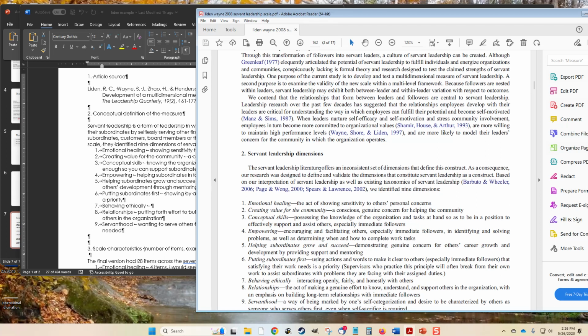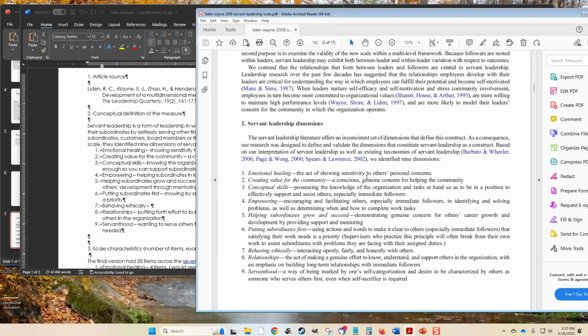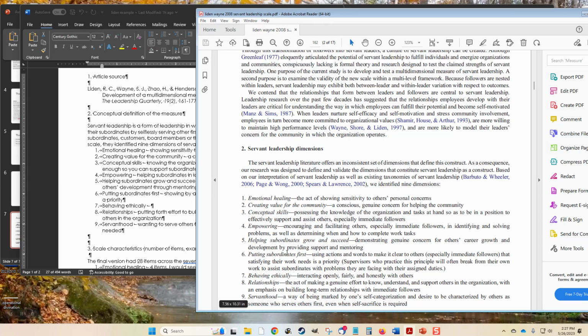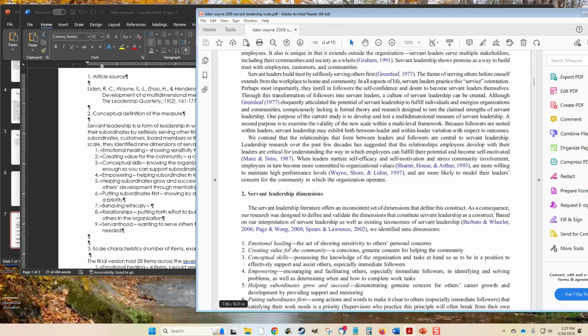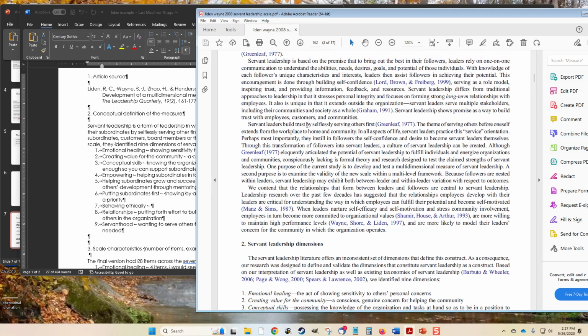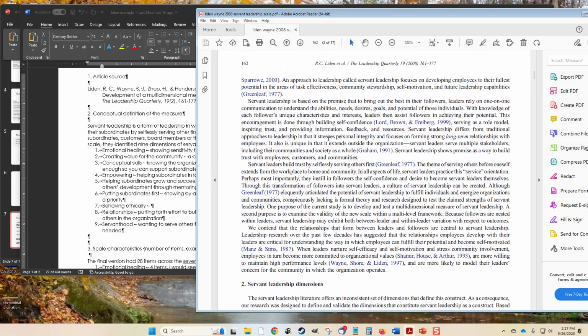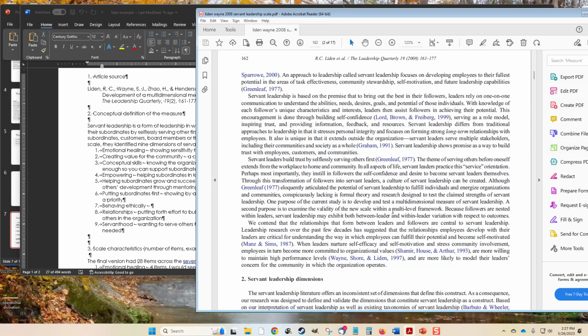The servant leadership literature offers an inconsistent set of definitions. As a consequence, our research was designed to define and validate dimensions that constitute servant leadership as a construct. So they're certainly talking about the construct here. They're talking about 9 dimensions, but they're not talking about what servant leadership is. So I'm going to go back here and just read this material.